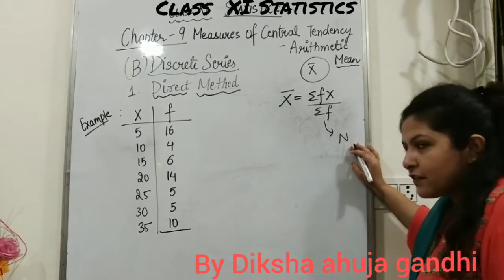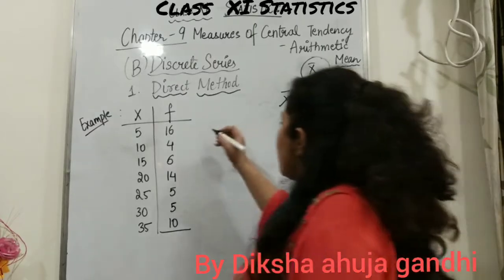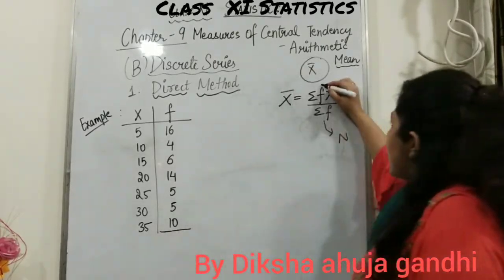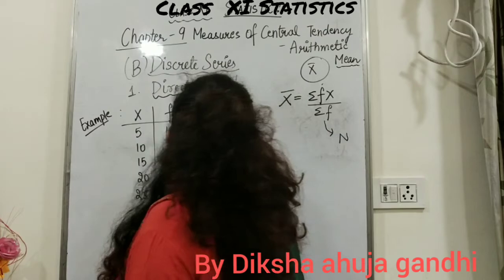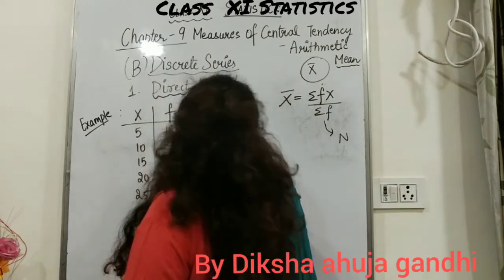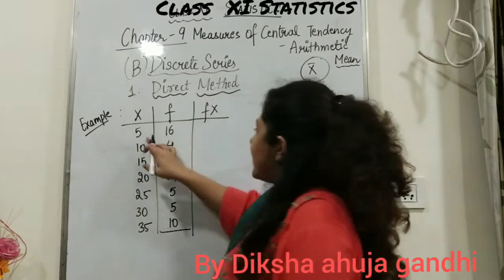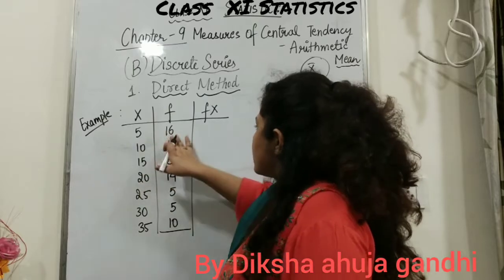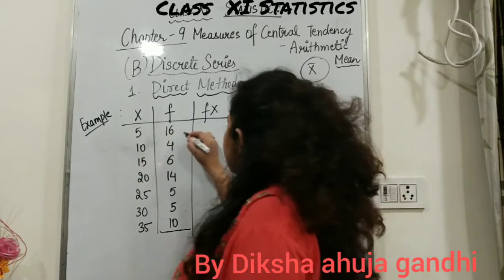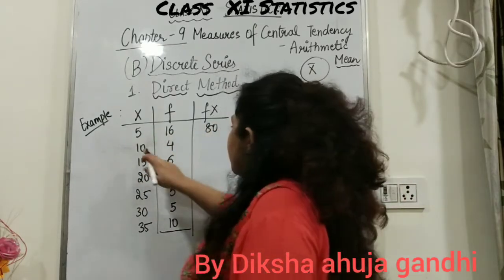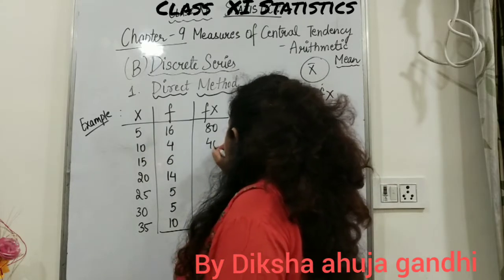So let's solve in front of you. We will take summation F into X, so there will be one more column formed: Fx, F multiplied by X. So 16 into 5 is 80. Then 10 into 4 is 40.